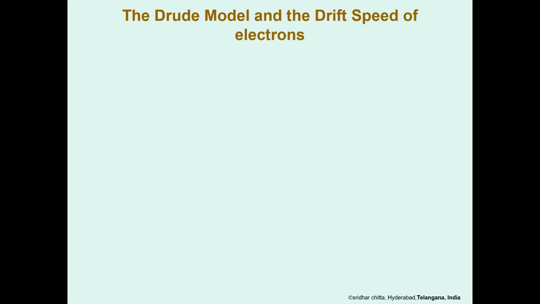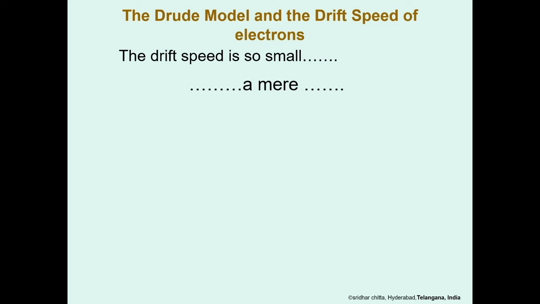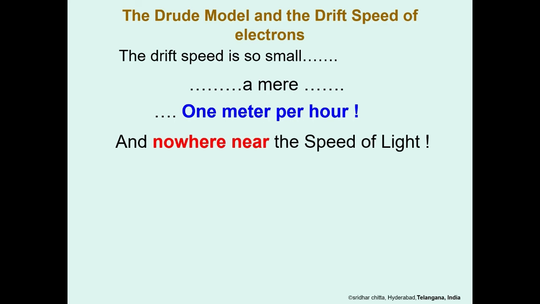The Drude model and the drift speed of electrons. The drift speed is so small, a mere 1 meter per hour, and nowhere near the speed of light.